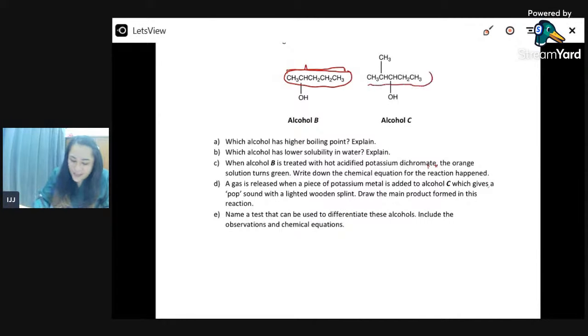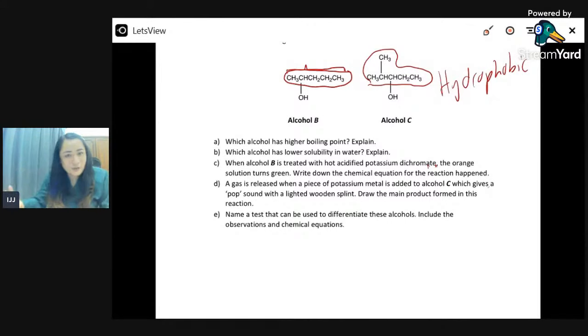This is the group that cannot form hydrogen bond with water. This is what we call as hydrophobic area. Hydrophobic area is the alkyl group that cannot form hydrogen bond with water. So semakin besar alkyl group kamu, meaning more carbon you have, okay, the less soluble your alcohol is in the water.